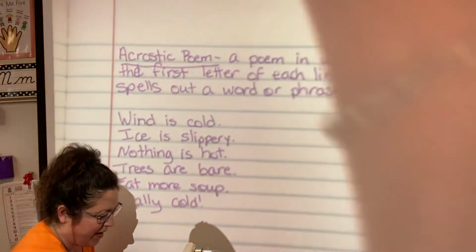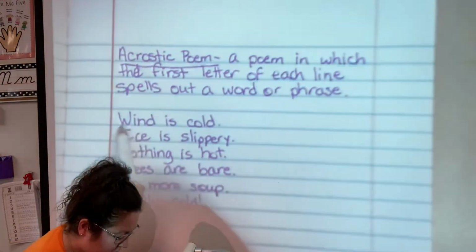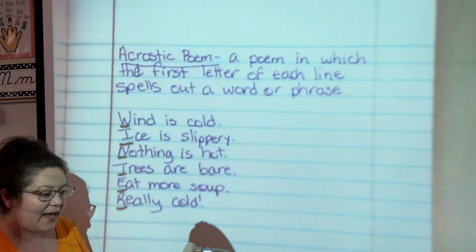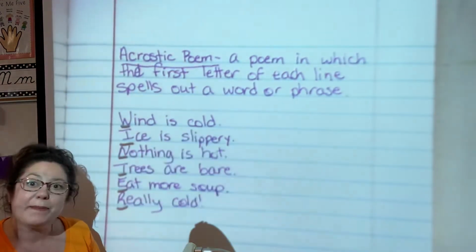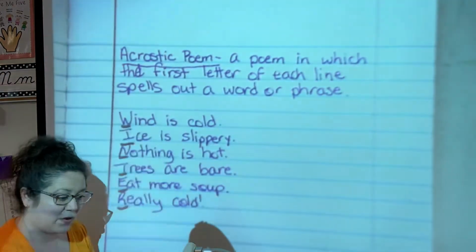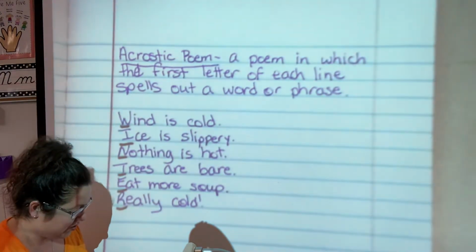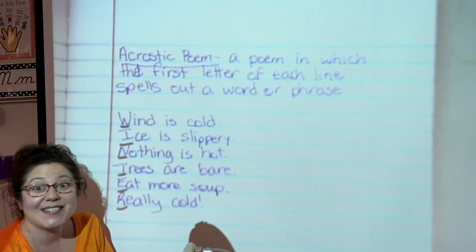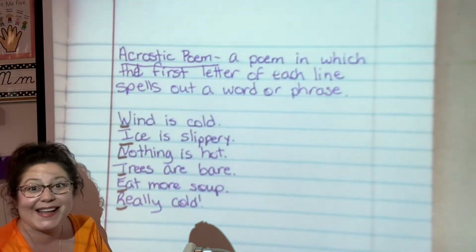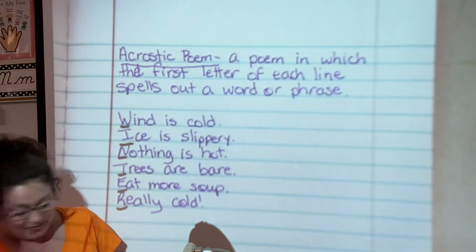So you pick your topic. Pick your topic, winter, and each line has to be about winter, and each line starts with that first letter, okay? Let's do another one, just so you really, really get the concept. And then we're gonna read a book that has a bunch of cool acrostic poems. Yep, there it is.